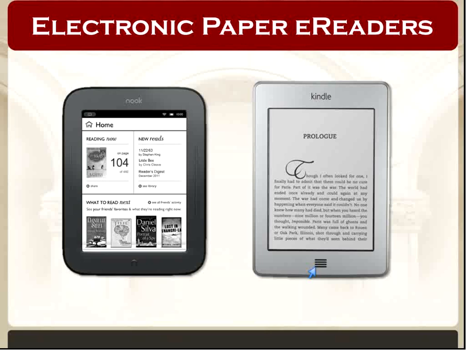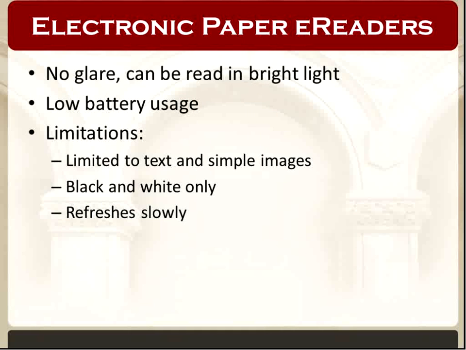These are characterized by e-ink or electronic paper. What that does is it reduces the glare because you don't have a bright reflective screen. That means that you can read these in bright light, in sunlight, and it means that there's low battery usage.